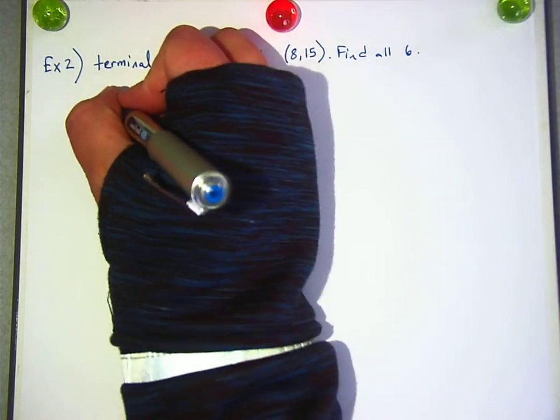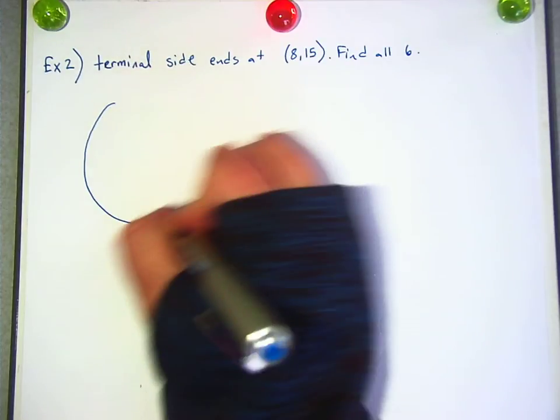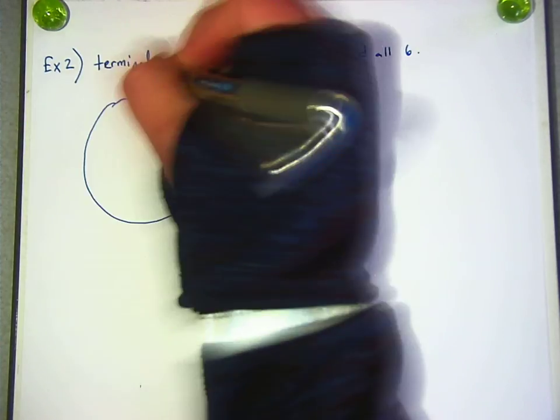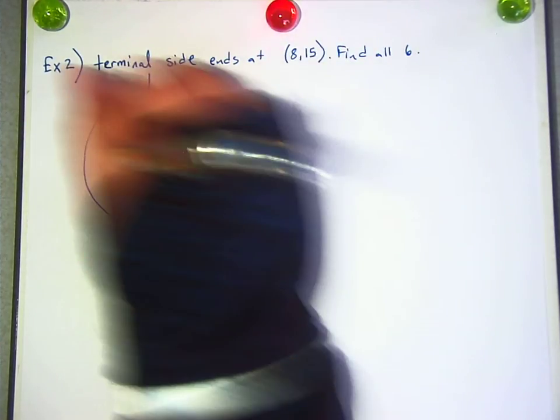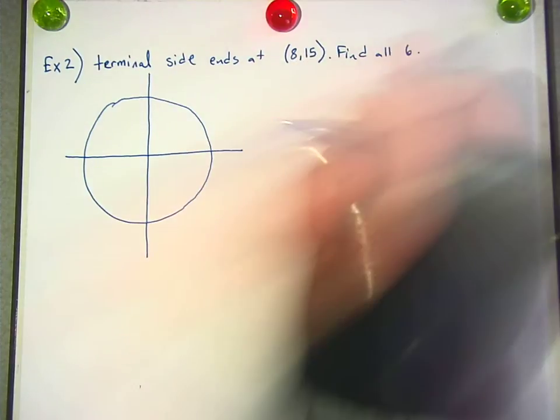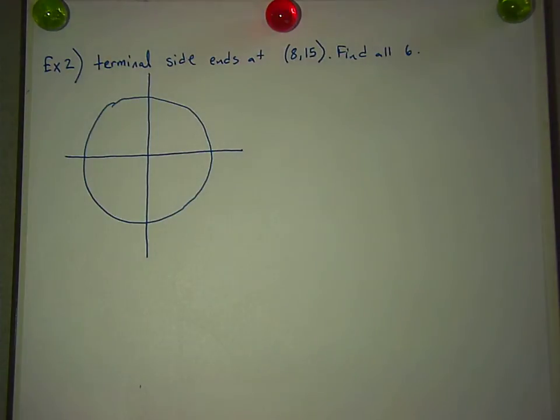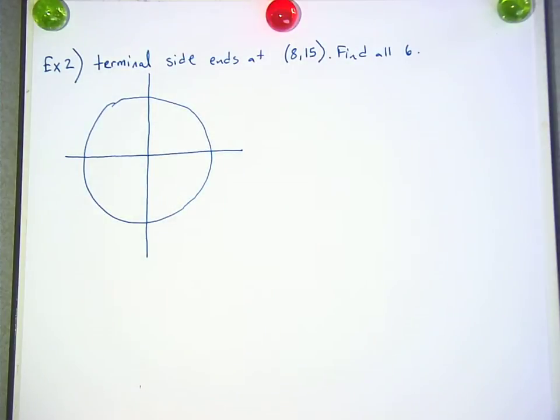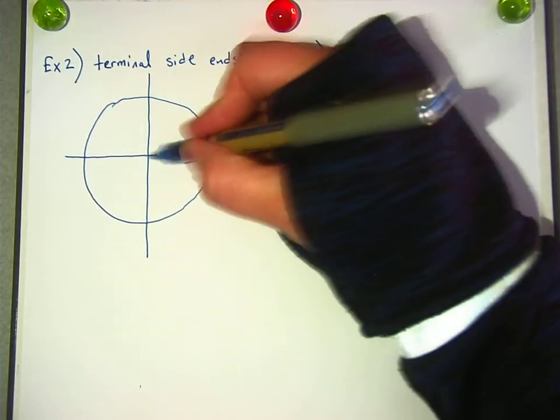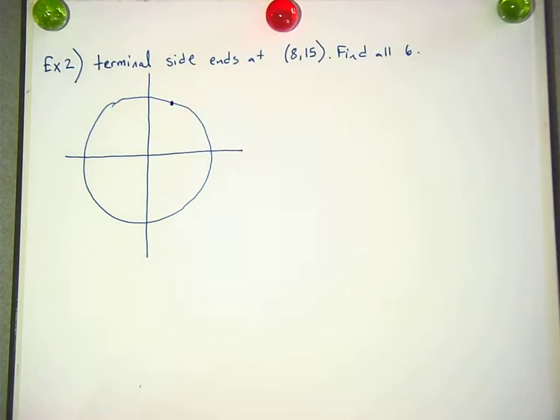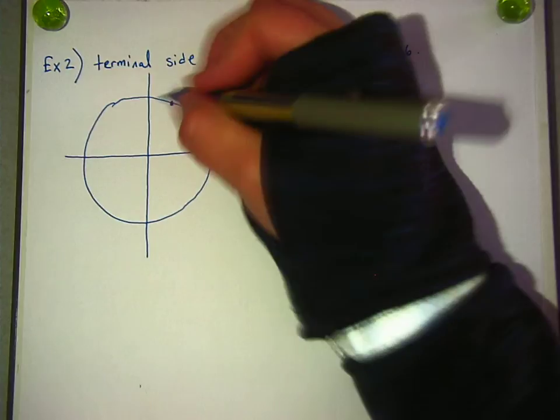All right, so draw yourself a quick circle. Put a bullseye in the center of it. Where's 8:15? What quadrant? First, where it's positive, right? So maybe that's up here. We'll call that 8:15.